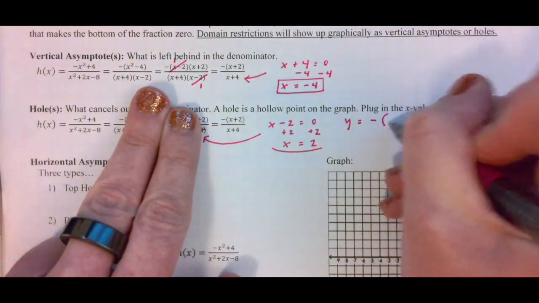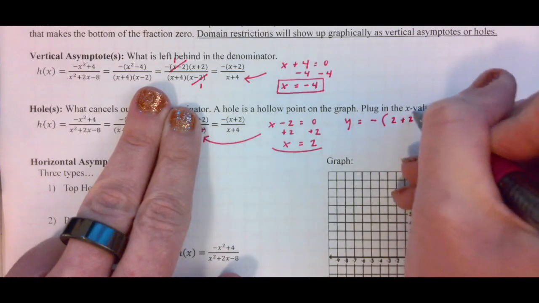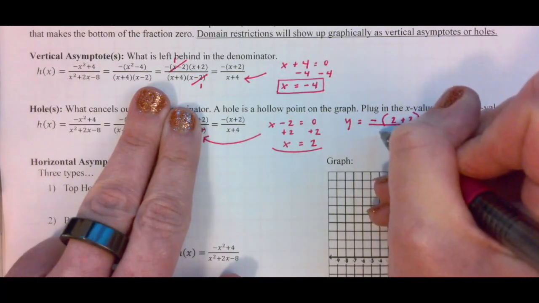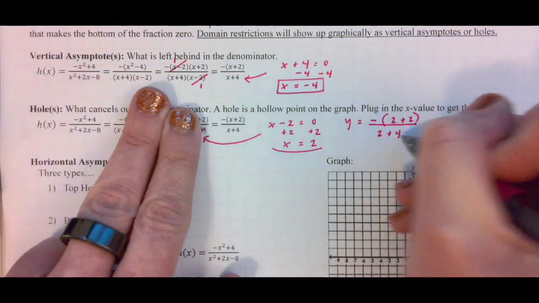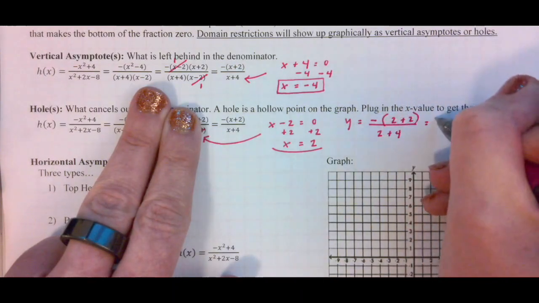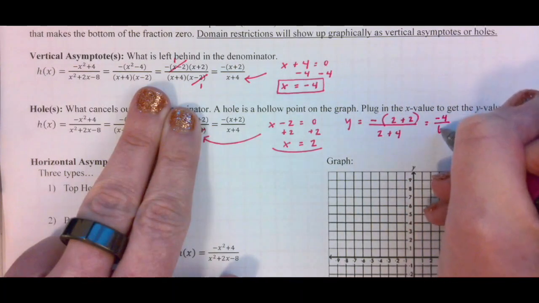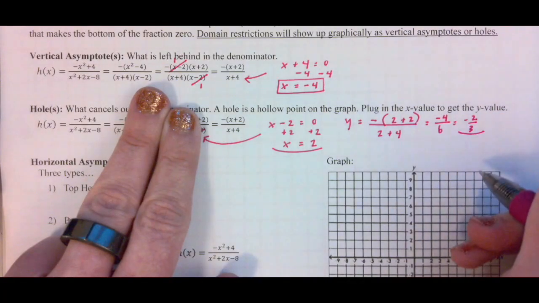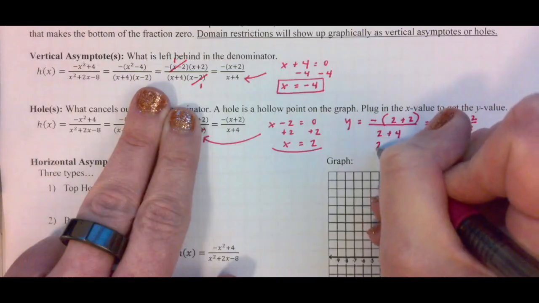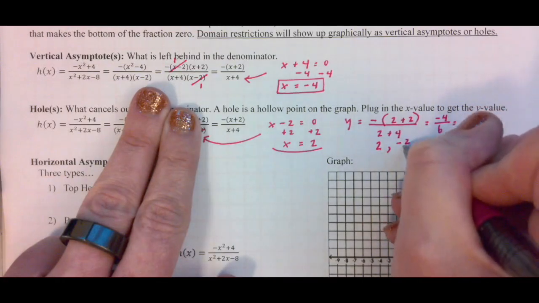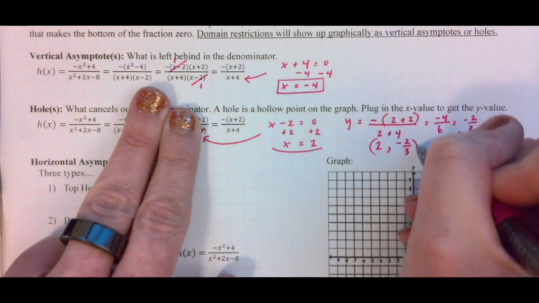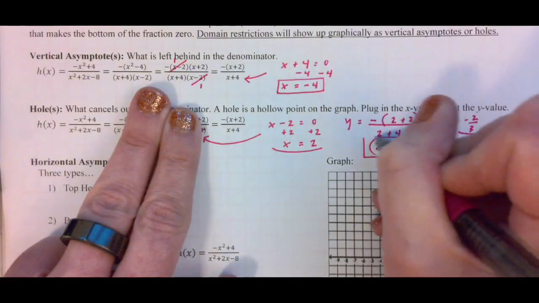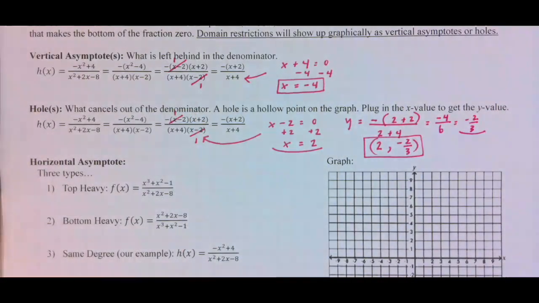So negative 1 times 2 plus 2 over 2 plus 4. So on top, I have negative 4 over 6, which is negative 2/3. So my hole as a location is at 2 comma negative 2/3. Always write it as an ordered pair.